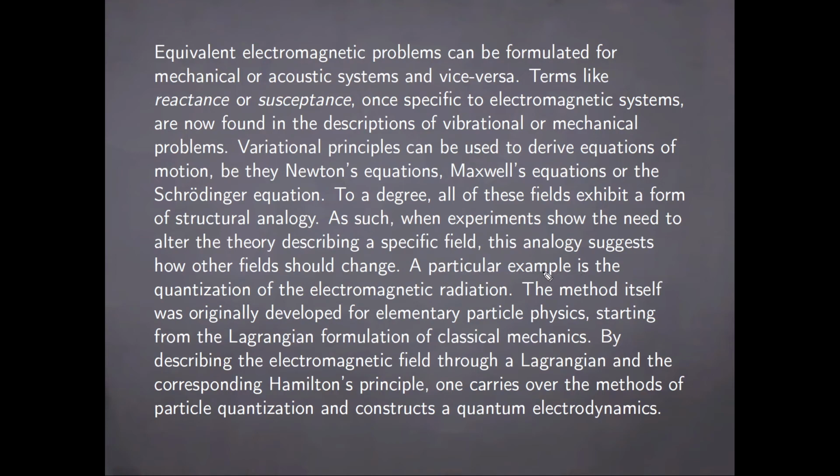A particular example is the quantization of the electromagnetic radiation. The method itself was originally developed for elementary particle physics, starting from the Lagrangian formulation of classical mechanics. By describing the electromagnetic field through a Lagrangian and the corresponding Hamilton's principle, one carries over the methods of particle quantization and constructs a quantum electrodynamics.